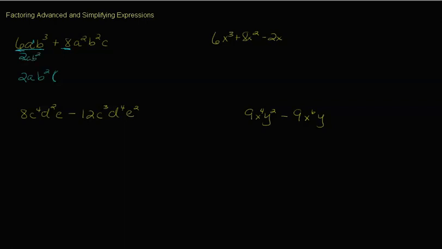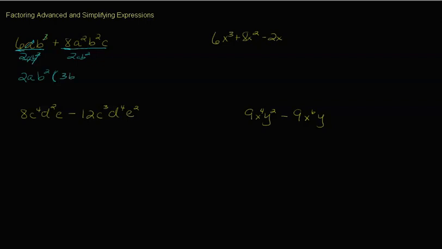Now you don't have to write this part out. After a while, you'll just be able to do it without this. But 6 divided by 2 is 3. A divided by A, they both cancel out. B to the third divided by b squared leaves just b.